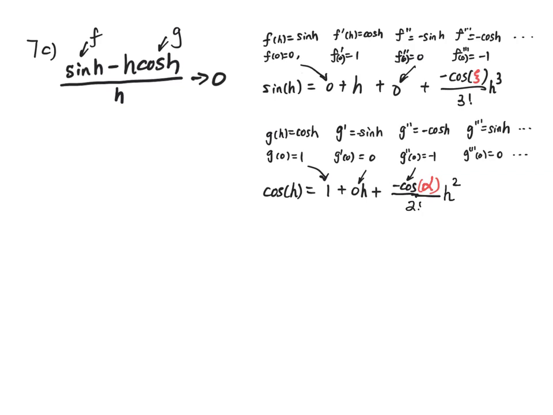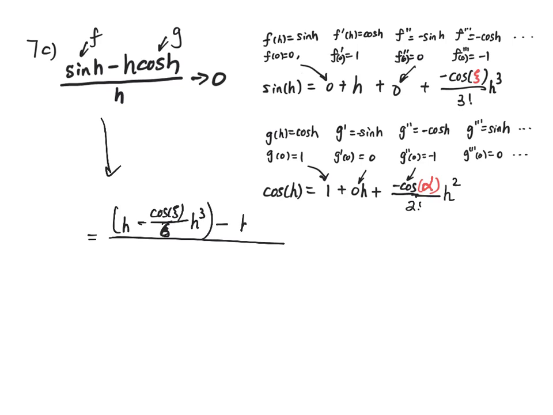Now, I'm gonna plug in both into this expression. So my sine h will be h minus cosine xi over 3 factorial, which is 6 h cubed, right? Minus. So now this is actually for my sine h.